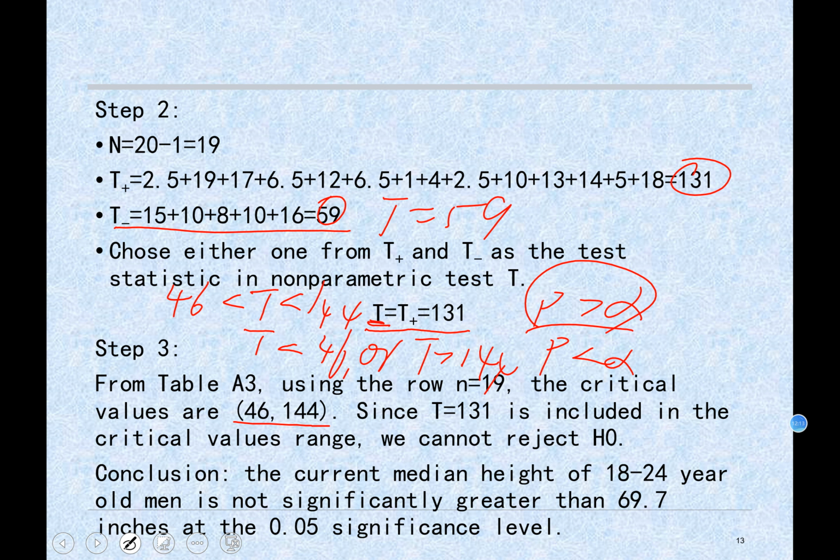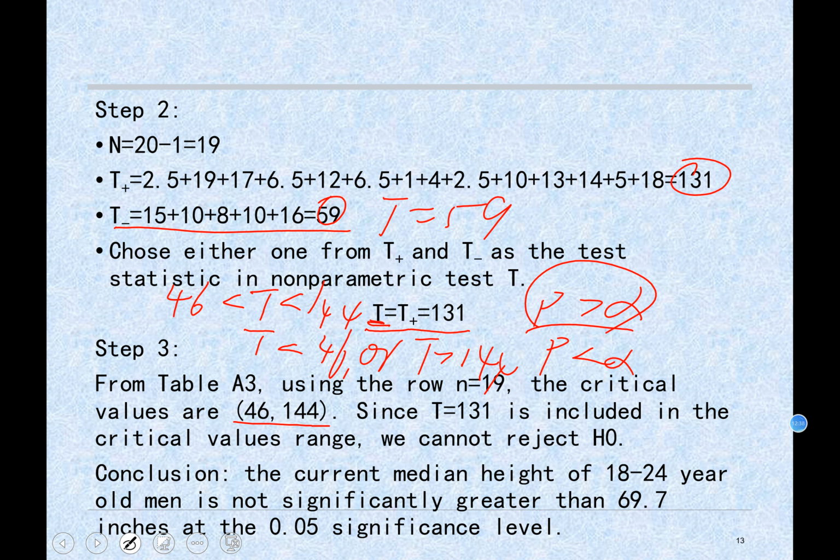So the conclusion should be: the current median height of the age group is not significantly different from 69.7 inches at the 0.05 significance level. So that is the answer to the question.